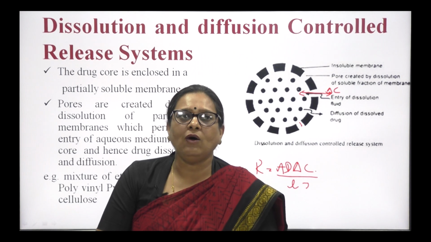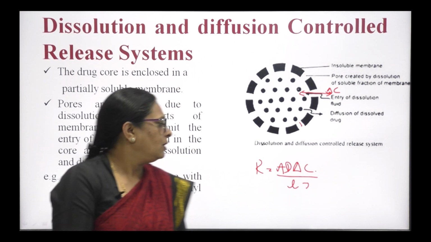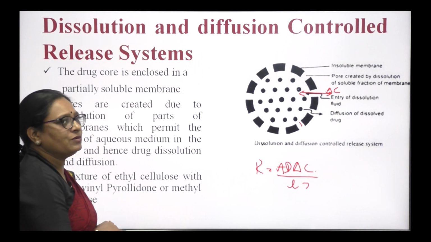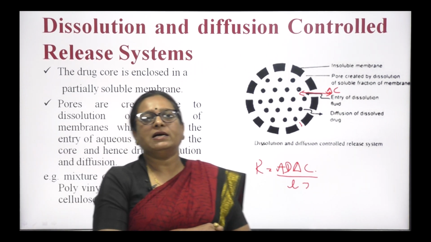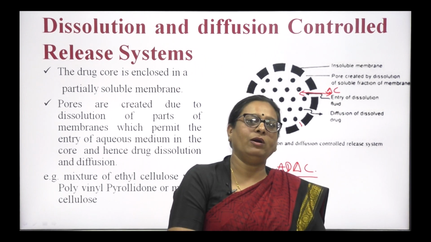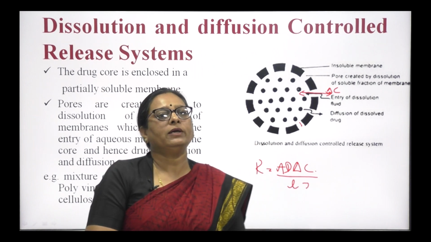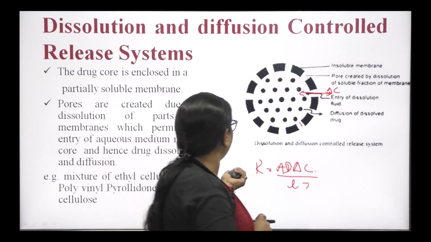So, this is how we attain dissolution and diffusion controlled release systems. Examples of polymers used here are a mixture of ethyl cellulose and polyvinyl pyrrolidone, where polyvinyl pyrrolidone will be the water soluble polymer and ethyl cellulose will be the water insoluble polymer.